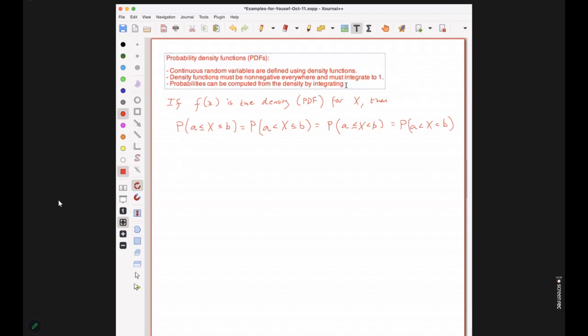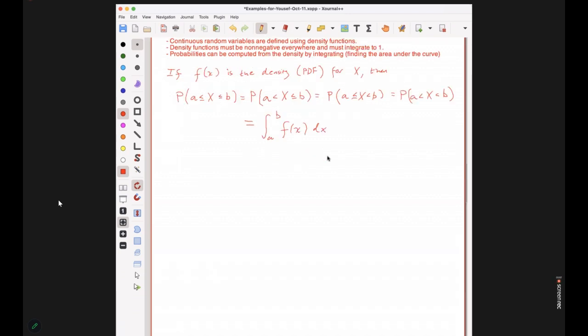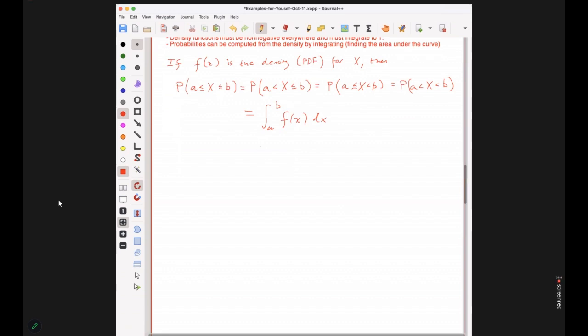Because what we're doing is finding the area under the curve between the bounds that we're looking at, A and B. And so we can integrate here from A to B our density function f of x dx. And that gives us the probability.